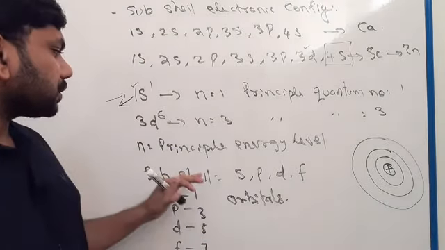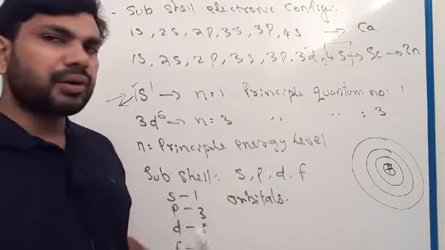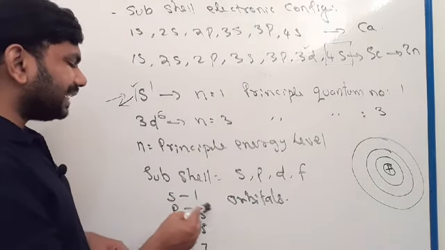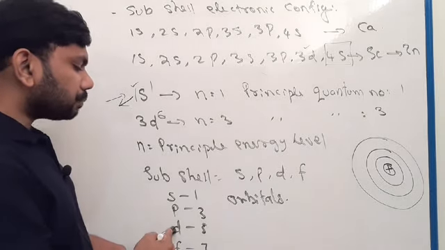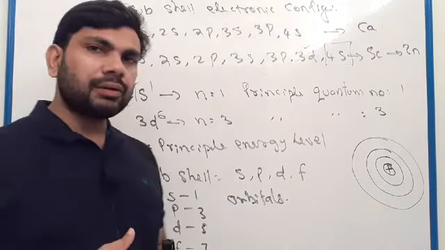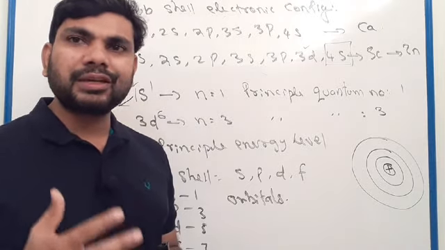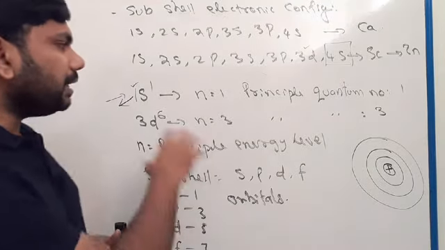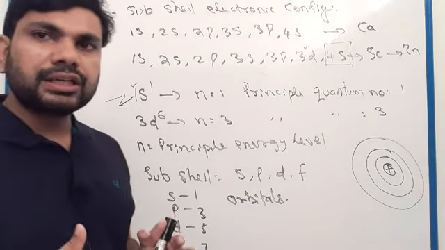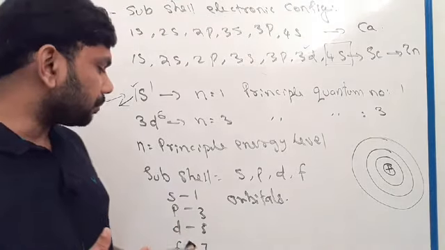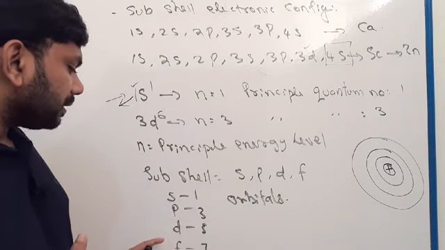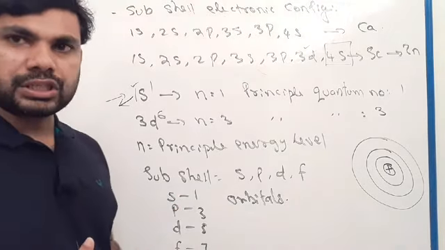The s subshell consists of 1 orbital, p has 3 orbitals, d subshell consists of 5 orbitals, and f subshell consists of 7 orbitals. So, main energy shell, subshell, and each subshell consists of a different number of orbitals: s 1, p 3, d 5, f 7 orbitals.